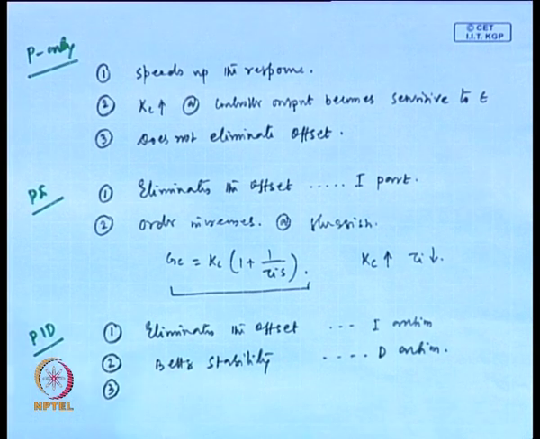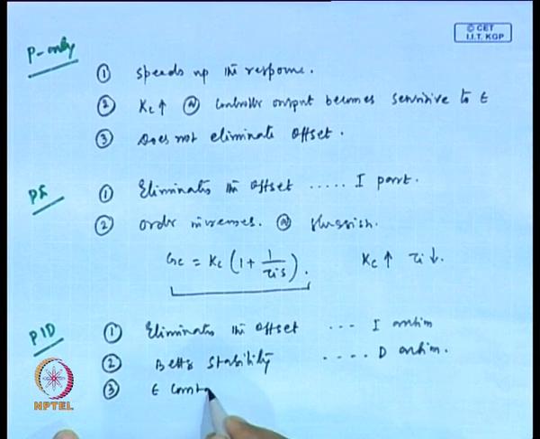Third point is, if error is constant, then there is no derivative action because d epsilon dt is zero. If error is constant, then there is no derivative action.